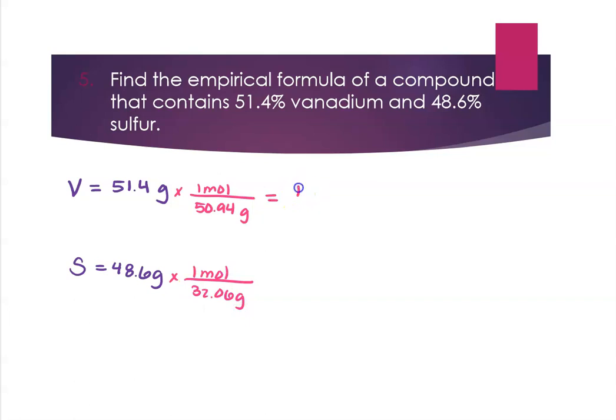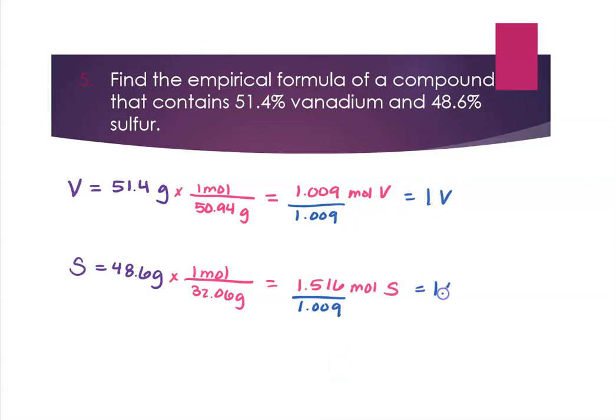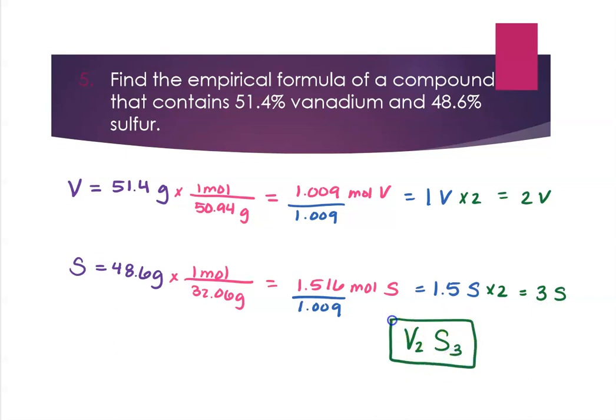So we do this math and I get 1.009 moles of vanadium and 1.516 moles of sulfur. Now we divide by the smallest, 1.009, and I get 1 vanadium and 1.5 sulfur. Again, 0.5 is half, so I multiply by 2, and I get 2 vanadium and 3 sulfur. So I get V2S3. Okay?